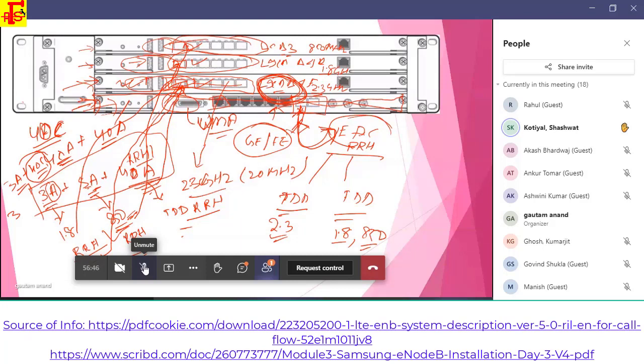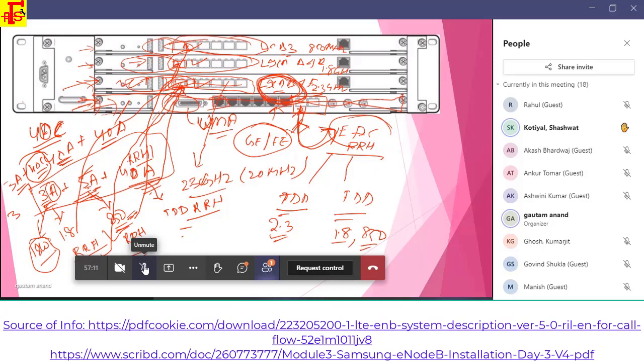If I am talking about band 3, one channel card should be FDD supported, a 1800 megahertz channel card. If I am talking about 5A, that supports 850, so one channel card should be band 5 and the RRH should be band 5. So we need this type of equipment for my testing.